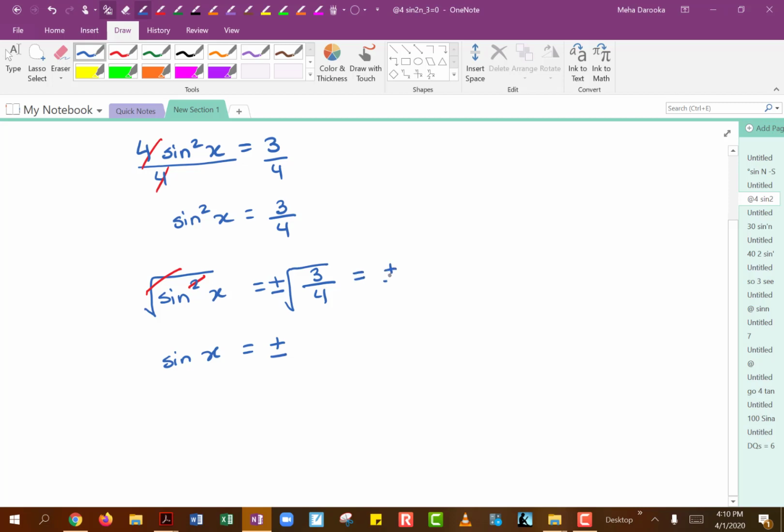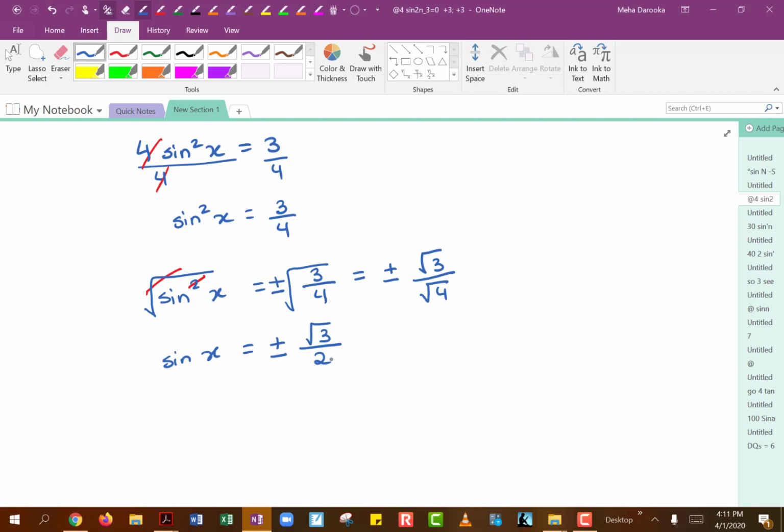I'm going to simplify this. So square root of 3 on the top, square root of 4 on the bottom. So square root of 3 will stay as it is. Square root of 4 will of course become 2. And in this case, since you got a nice integer value on the denominator of 2, we don't have to worry about rationalizing our denominators.